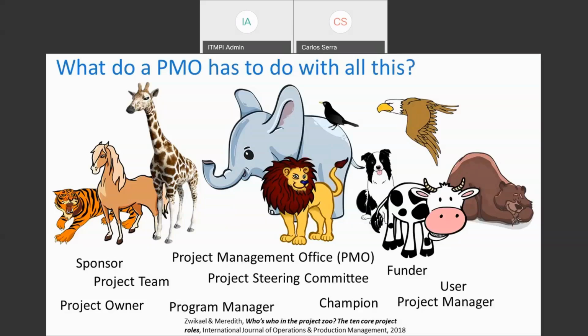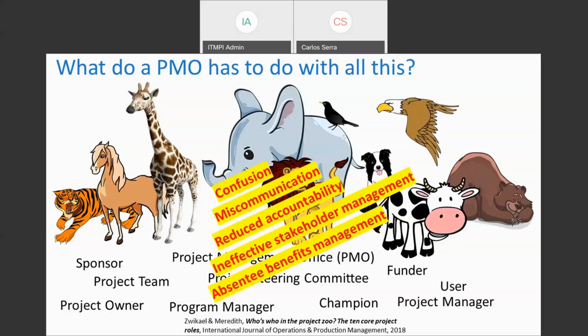Because of that, the same article found that the inconsistent use of the terminology regarding roles and responsibilities in the field of project management has led not just to confusion and miscommunication, but also reduced accountability, ineffective stakeholder management, and absentee benefits management, which results in organizations not being very effective in managing benefits realization.